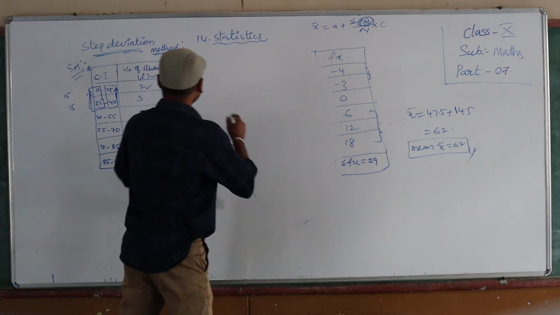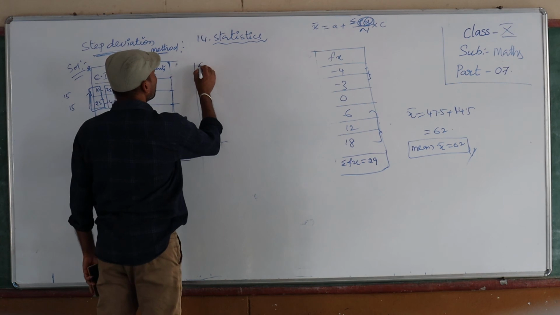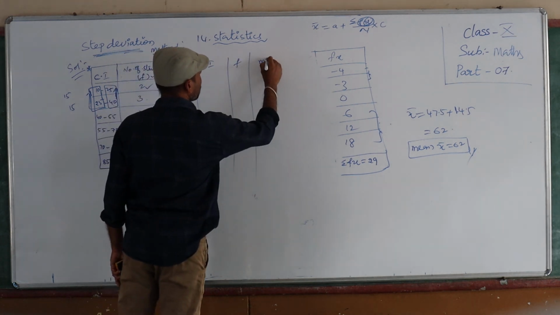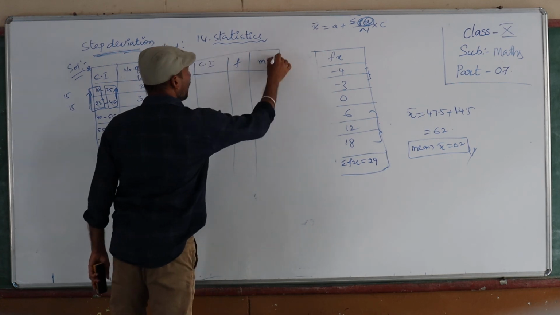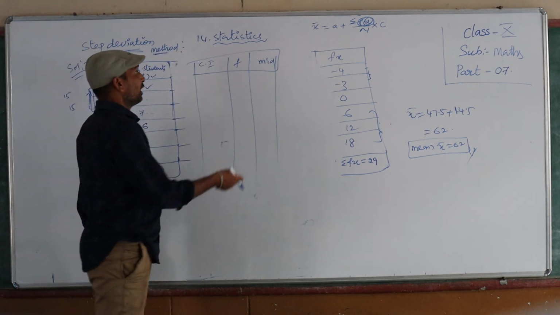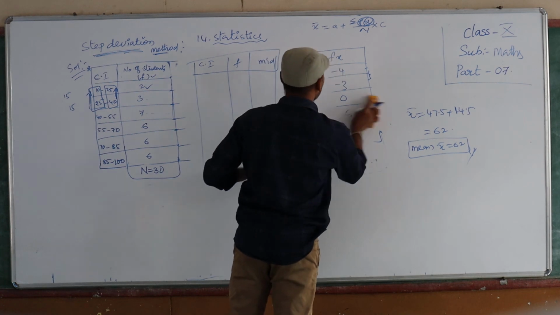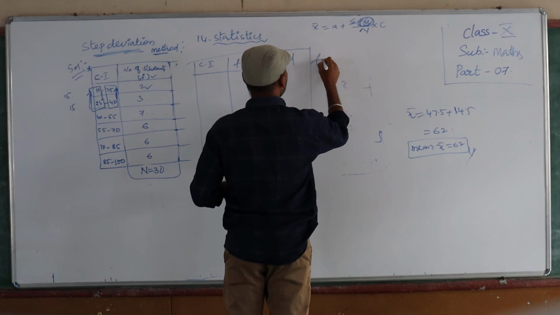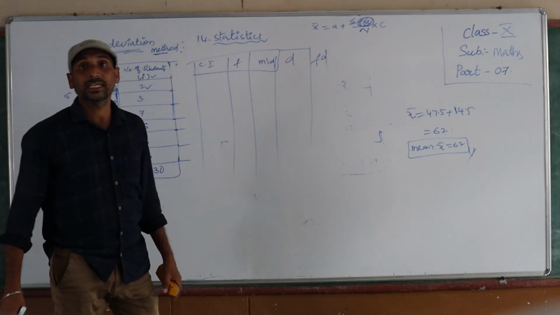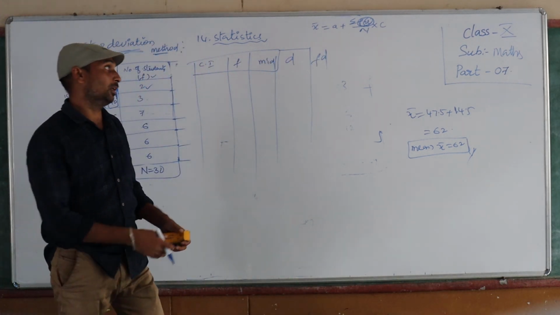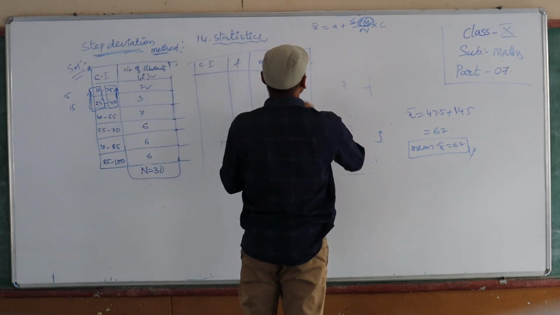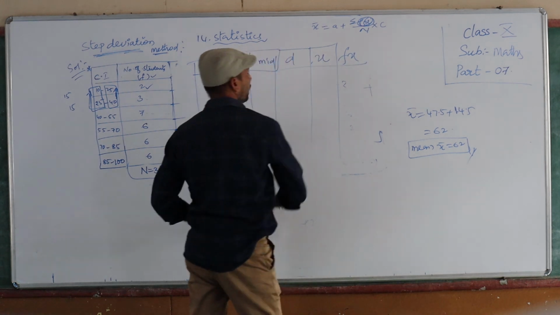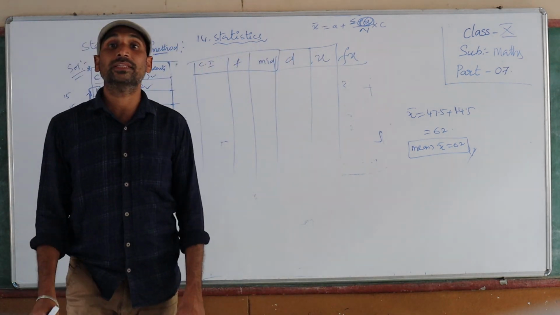See, when we are finding the direct method, we have class interval, frequency, mid values. Up to here is the direct method. For these mid values, if you add deviations D and fD, you will get the assumed mean method table. Then for this D, if you add u and fu, you will get the step deviation method table.